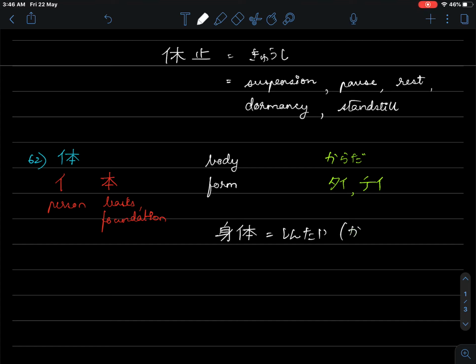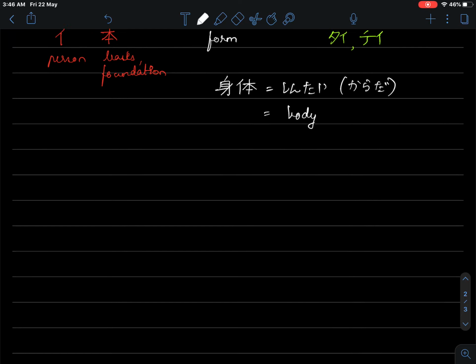Again, this itself can also be read as karada. Okay, this is an alternate reading. You can read this entire kanji composite also as karada. That's what that means. Again, both kanjis mean body, so the overall meaning is also body. Okay, body and body means body, right? That kind of thing. Okay, now let's have a look at one more.